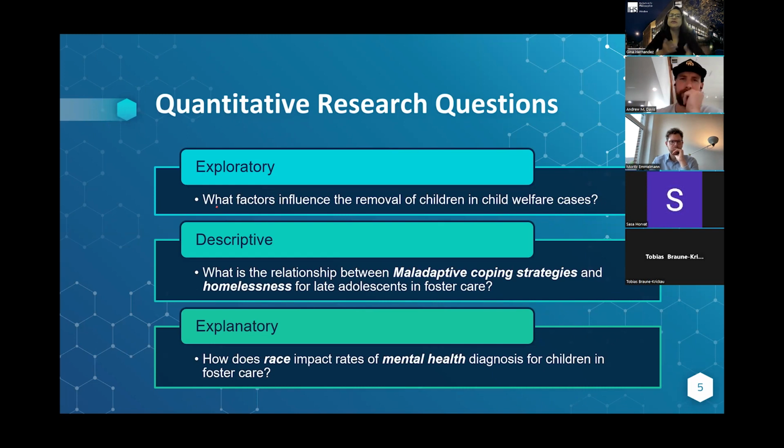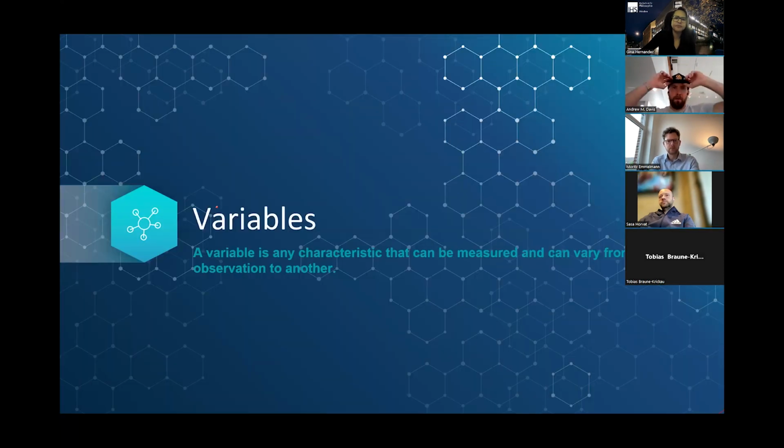So these are the different questions that you can ask and answer with quantitative research. So don't forget about this scope. It's really important for you to know which one of these you will choose for your study.